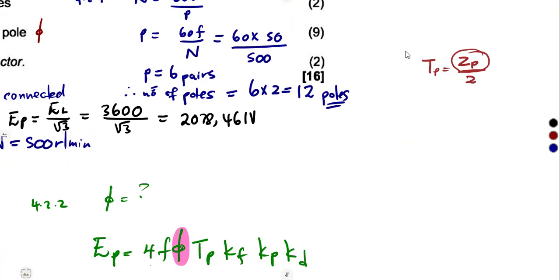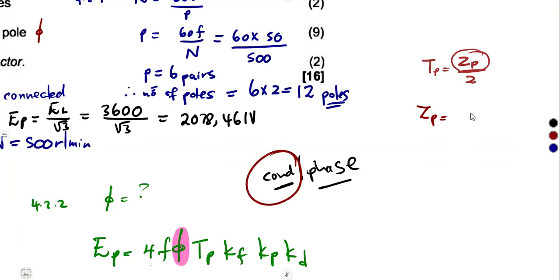To have the conductors per phase, it means we must have total conductors over the total number of phases, which is given. So we're going to need that ZP from the total number of conductors.